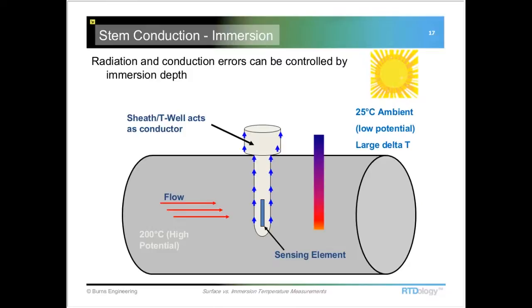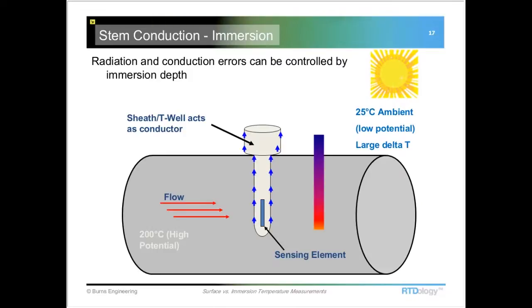When we look at one of the bigger error sources here for either of these immersion style sensors, it's what we call stem conduction. Sometimes you'll see it referred to as immersion error. And what's happening is that we have a difference in temperature between the product we're trying to measure and the ambient conditions.